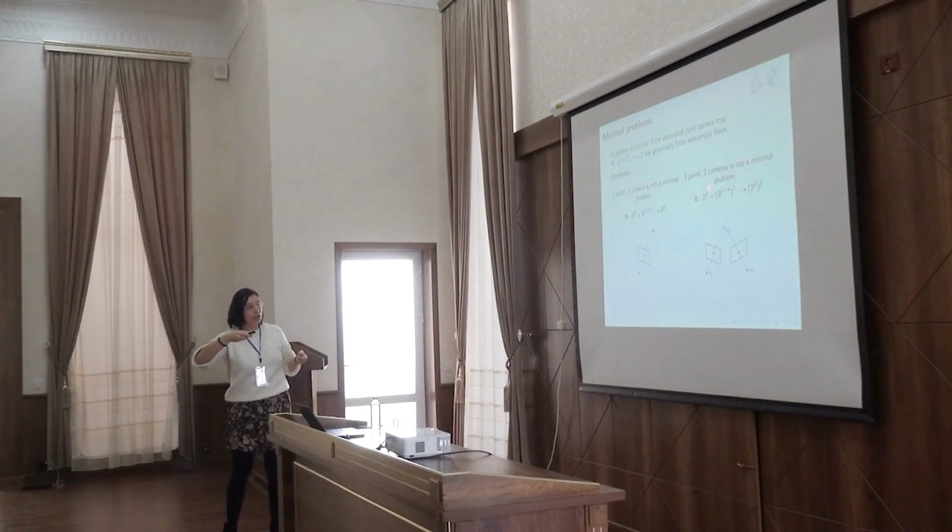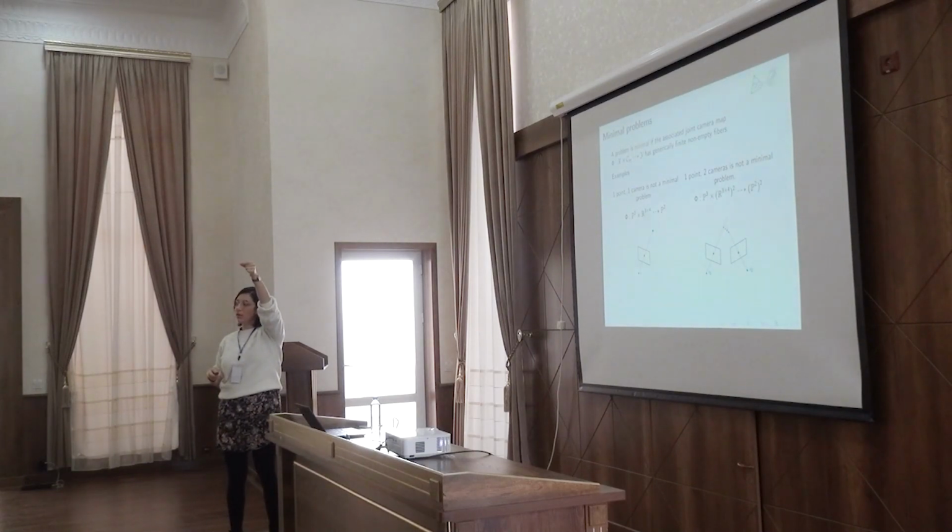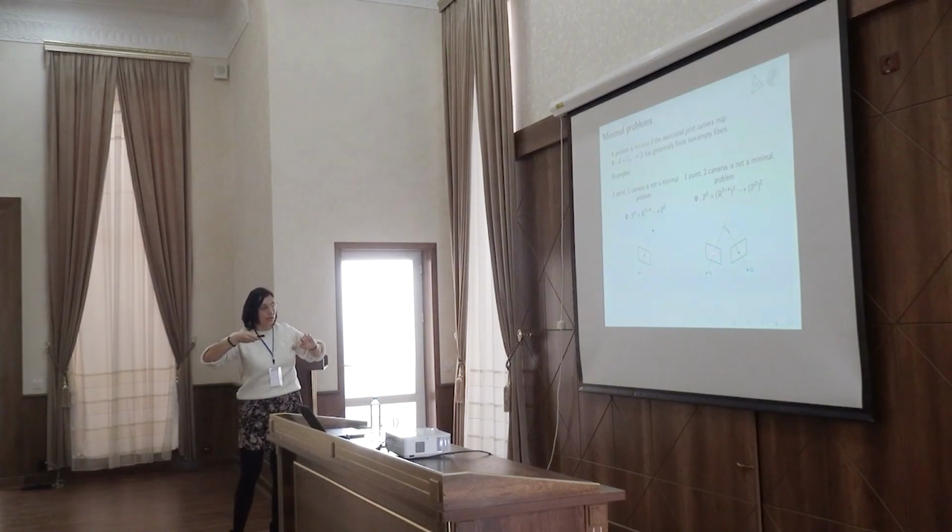And the second one is I observe one point with two cameras. So that means that I observe, let's say, 2 points, right? And if I want to find the pre-image of this sample, this means that I have to find one point in space, such that when I take the picture with the two cameras, then I am going to get these 2 points, right?